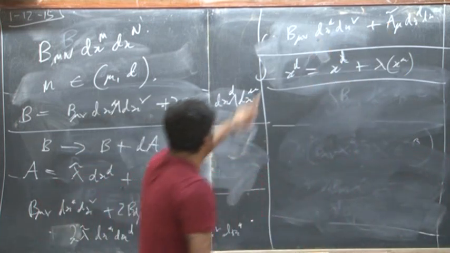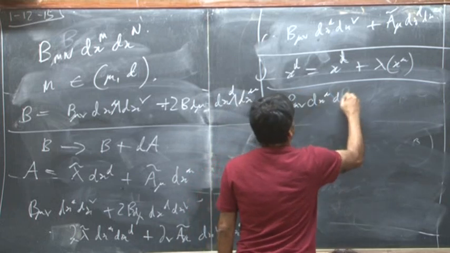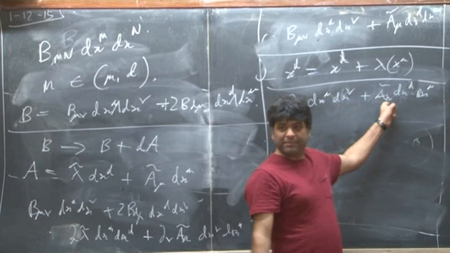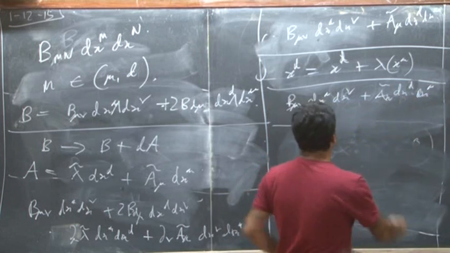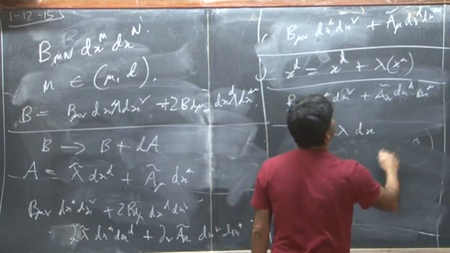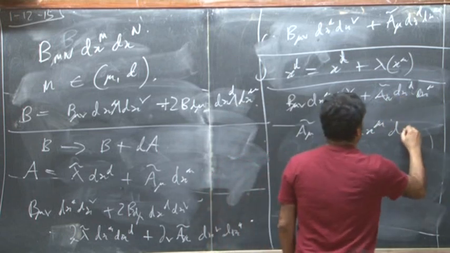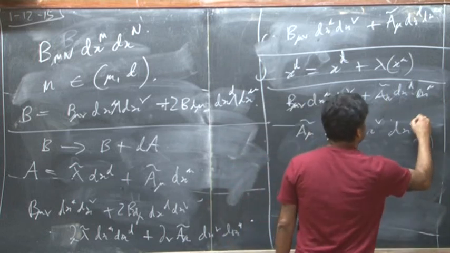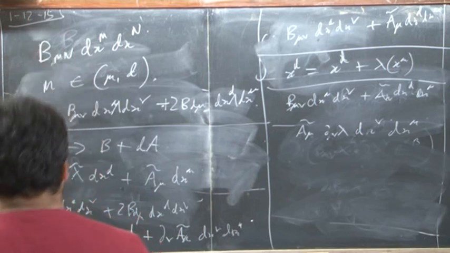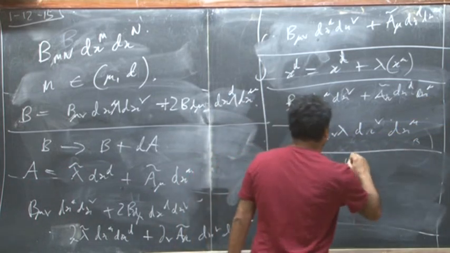Let's look at how this transforms under the Kaluza-Klein gauge transformation. It goes to B mu nu dx^mu dx^nu plus A mu tilde dx^d dx^mu, plus what we get from the change of dx^d, which gives us plus del mu of lambda dx^mu times A mu tilde dx^mu dx^mu. So the dx^d dx^mu part is invariant.